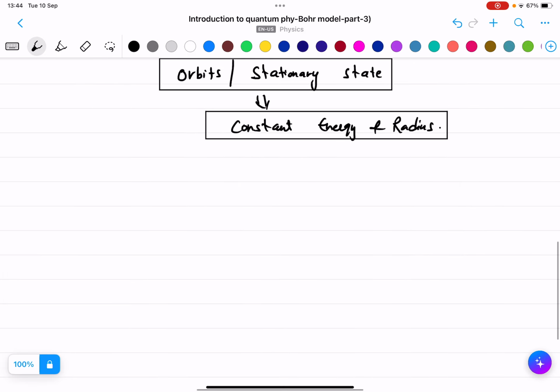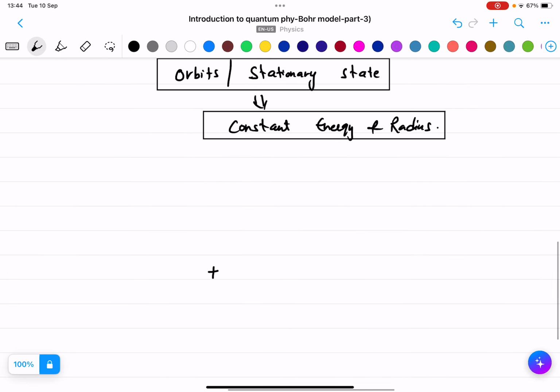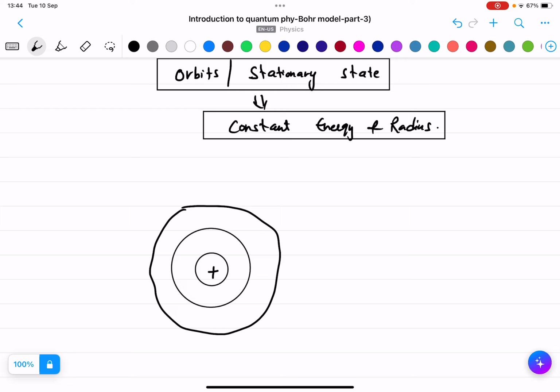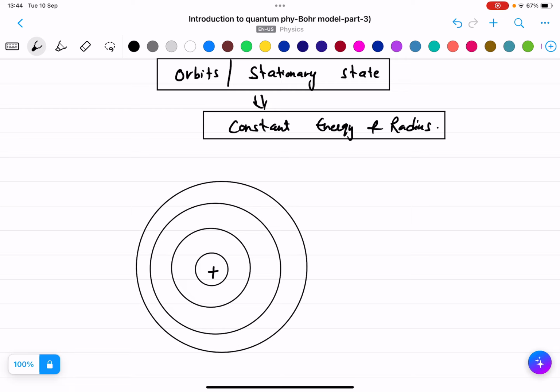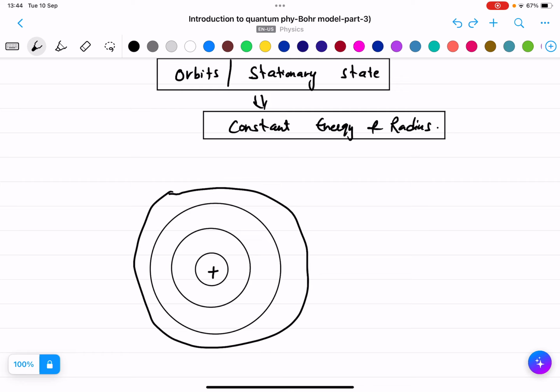You all know that. Suppose this is my nucleus, and now it's the first orbit for the electrons, second orbit, third orbit, and let us say the fourth orbit of the electrons.